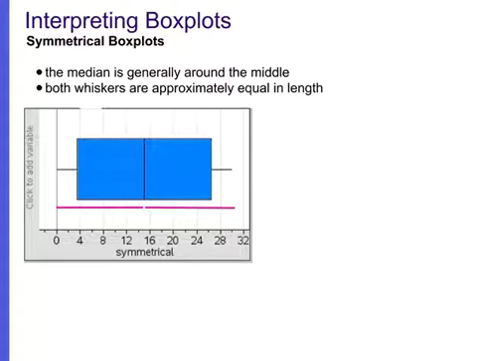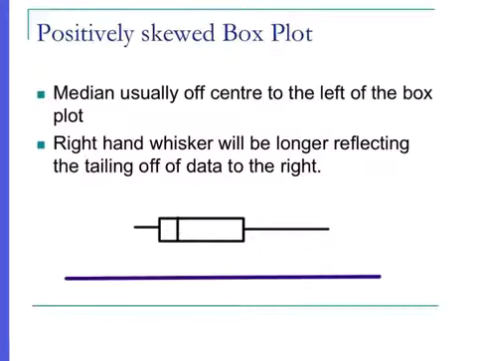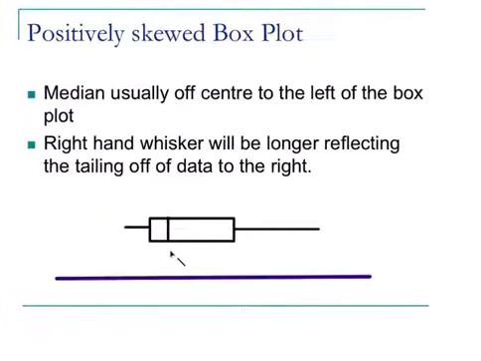The other thing that we have is skewed data. The first one, similar to when we drew histograms, is positively skewed. The median is usually on the lower part, as we can see here, and because the median is measuring the center, this top half is much longer than the bottom half of results.